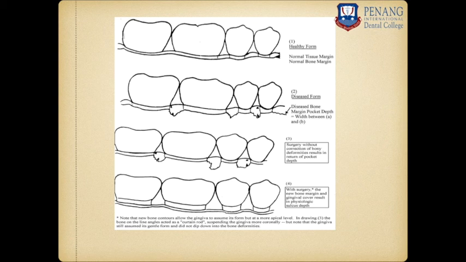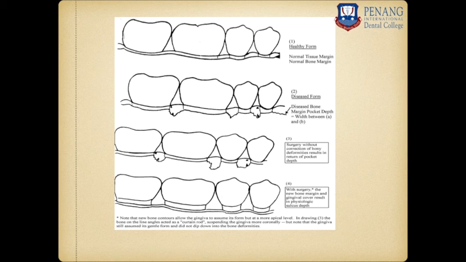A scalloped contour will be seen in the healthy gingiva. During disease, what happens? There will be bone loss in the interproximal region, which results in irregular bone in the interproximal region. So the idea of resective surgery is to make it either flat or recontour it to a positive architecture.